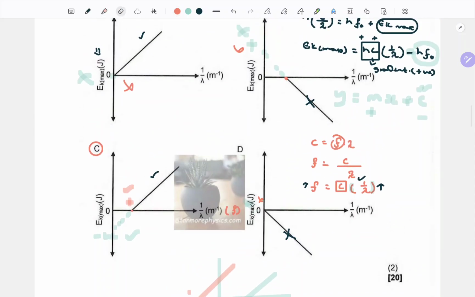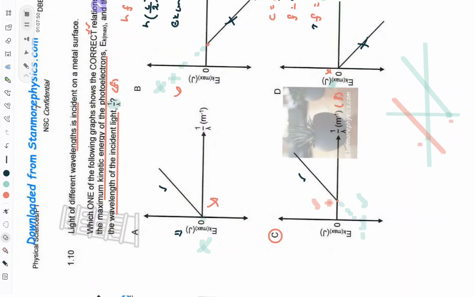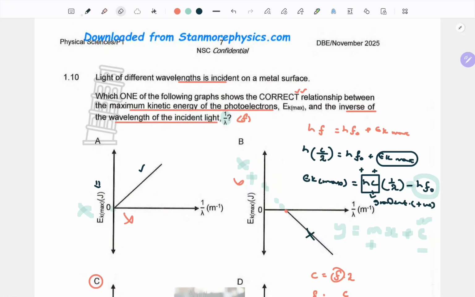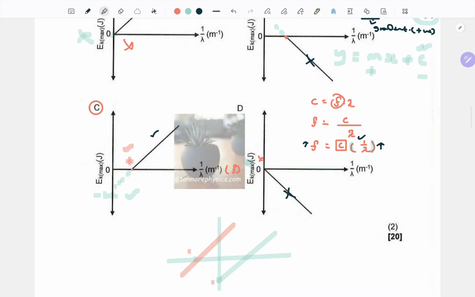So there are many ways to analyze this. As I said, if you understand this photoelectric equation, and my students, by the way, we dealt with MCQs on the photoelectric effect, and we looked at graphical representations of this nature, I expect them to have scored those 2 marks in this question. Otherwise, guys, this is how we work through these problems.